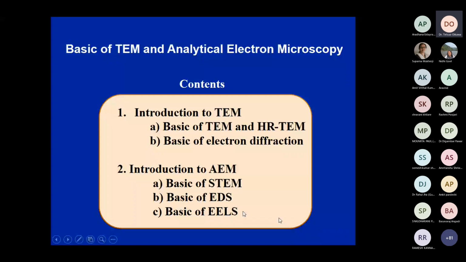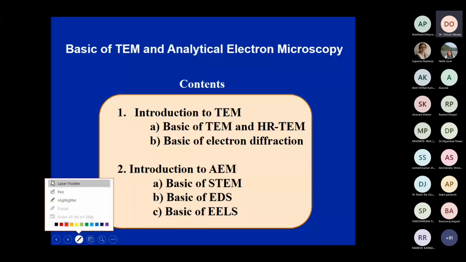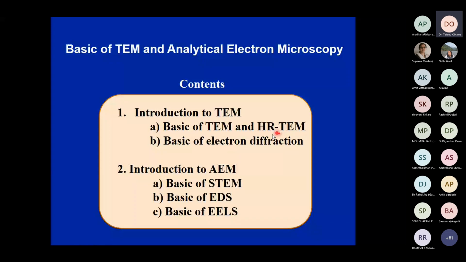In the first half, I'd like to introduce the conventional transmission microscope and high resolution electron microscope, and introduce electron diffraction. In the latter half, I'd like to introduce analytical electron microscopy, mainly the STEM operation mode, and also analytical instruments of EDS and electron energy loss spectroscopy.